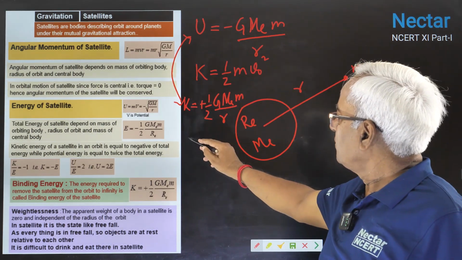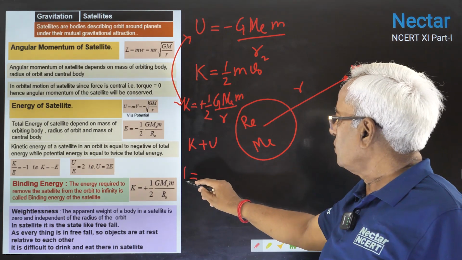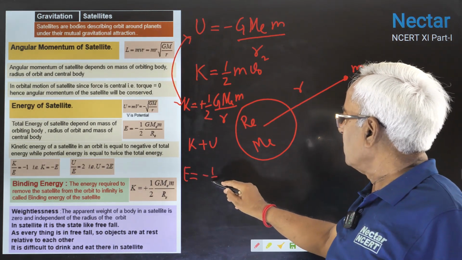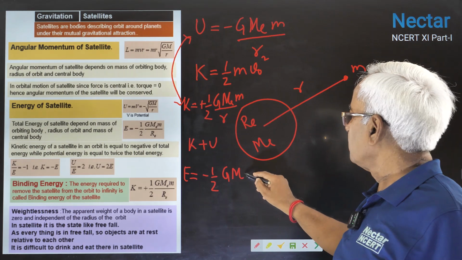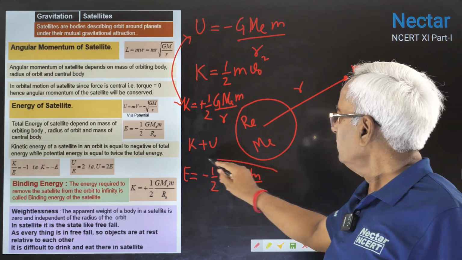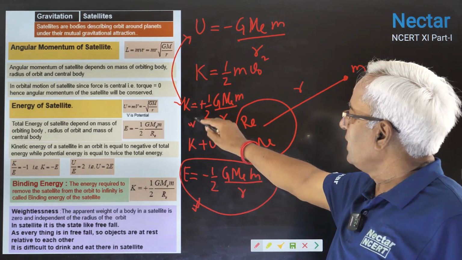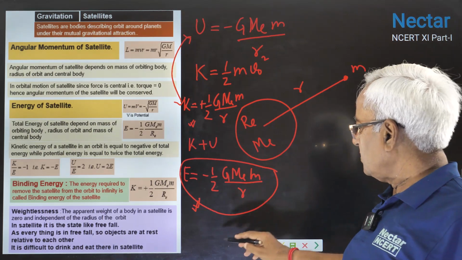If you combine them, that is K plus U, you'll find total energy, and that will come out to be this much. Total energy is exactly equal to kinetic in magnitude, but the nature is opposite.